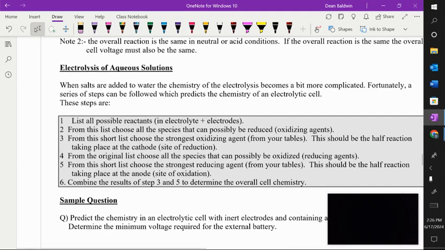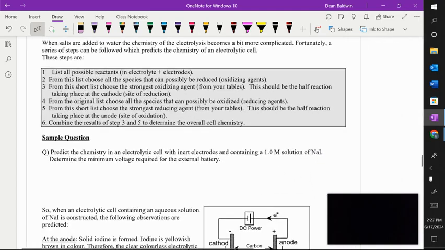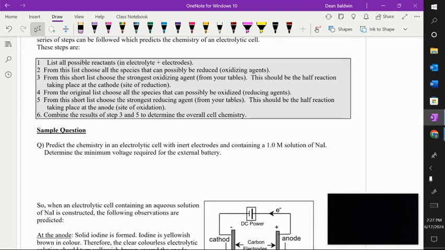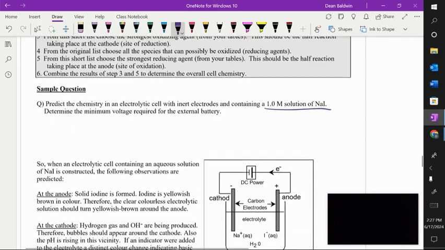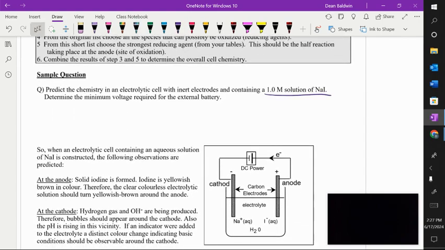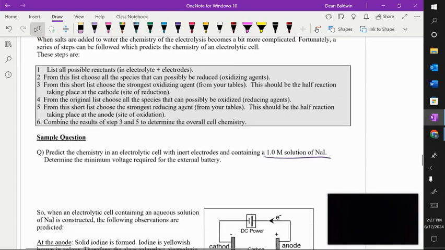Okay, so now, if we look at the electrolysis, so before we did type 1 cells, we did molten sodium chloride. Now we're going to do 1 molar solution of sodium iodide, same thing. Okay.